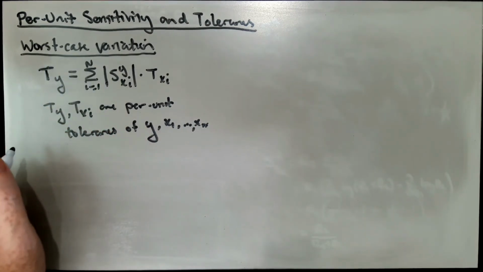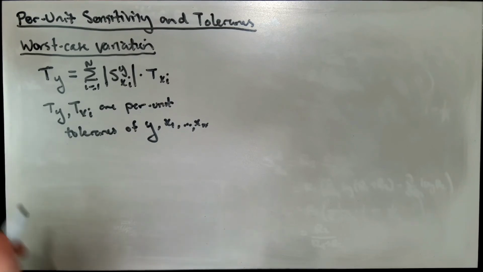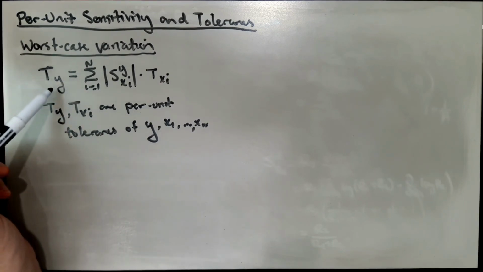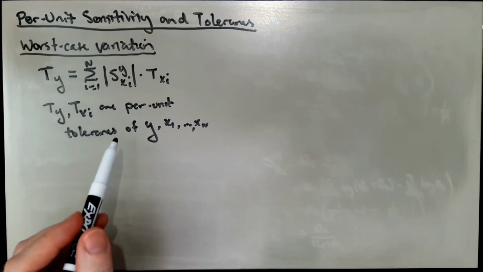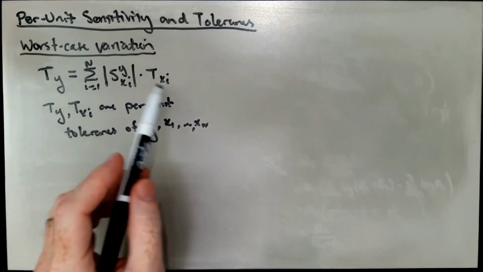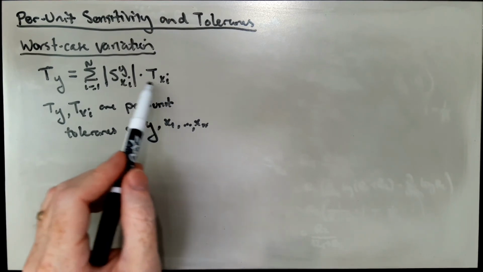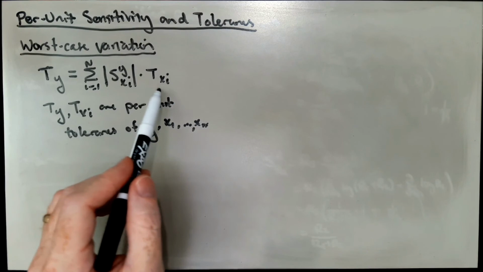If I'm interested in modeling the statistics of y, I might be interested in knowing something like what is the standard deviation I can expect for my parameter y normalized to the mean as a function of the standard deviation of the components normalized to their means.